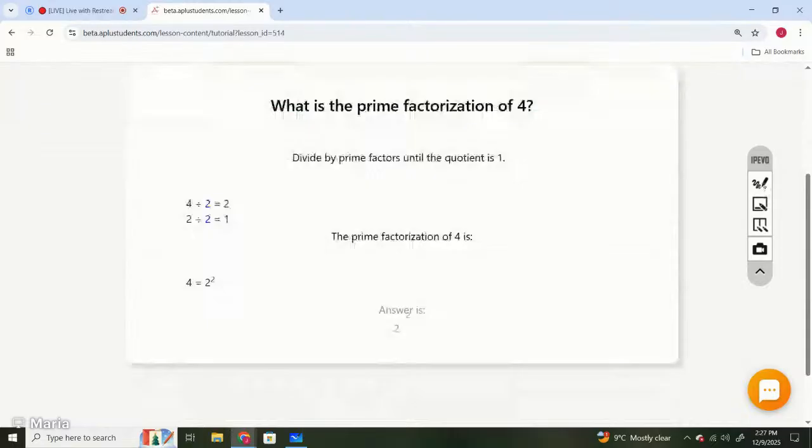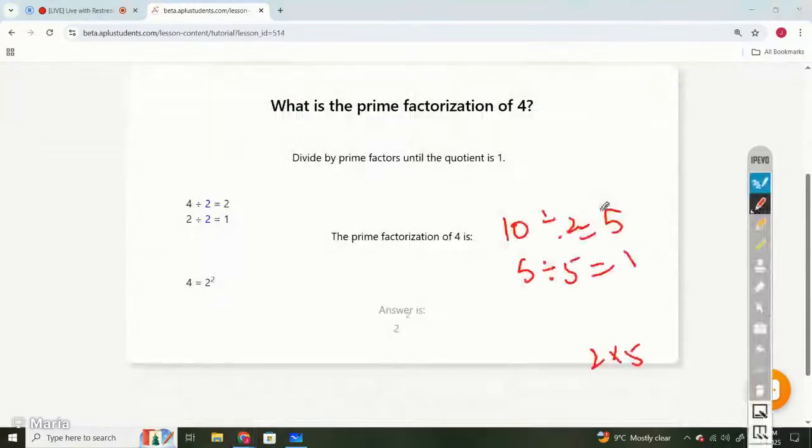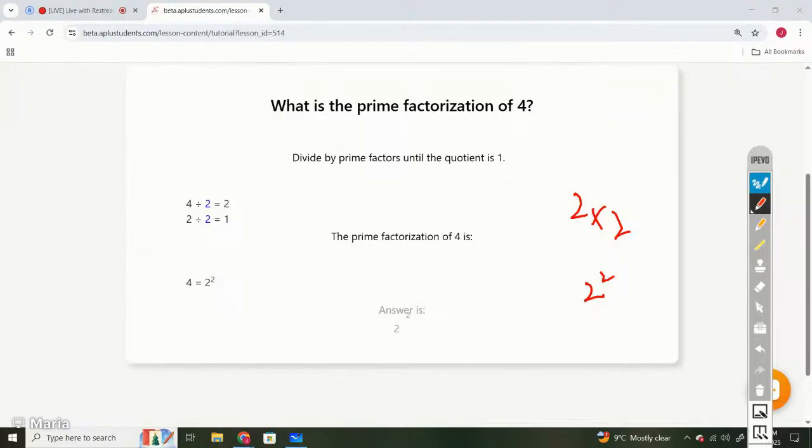The prime factors of 4 are 2 times 2, and we can write it as 2 exponent 2. Basically, we need to write down the prime factors in the form of an exponent. The correct option is 2 squared.